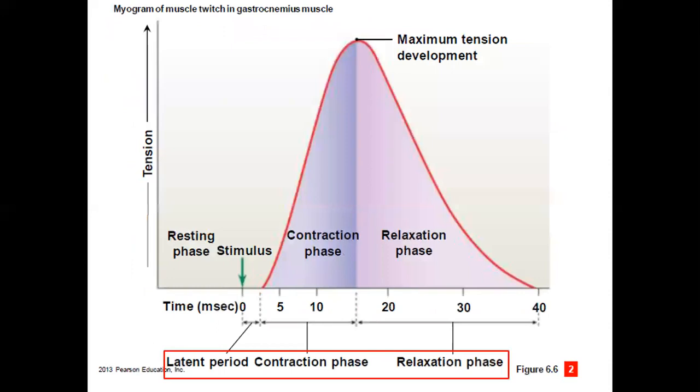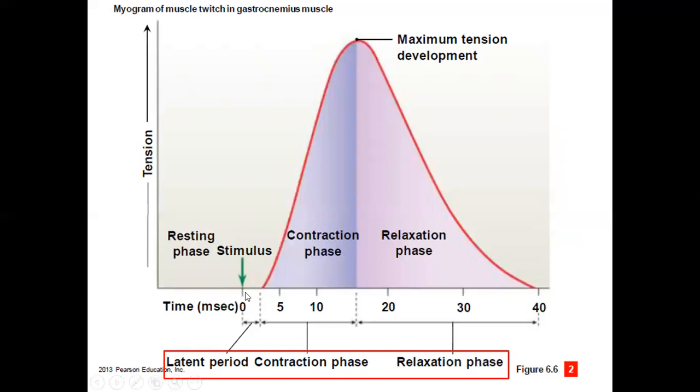So here's the graph of that. Here's a stimulus. Right here would be the action potential generated on the sarcolemma of the muscle cell, right at the motor end plate, the part of the muscle cell membrane that makes up the muscle side's half of the neuromuscular junction.